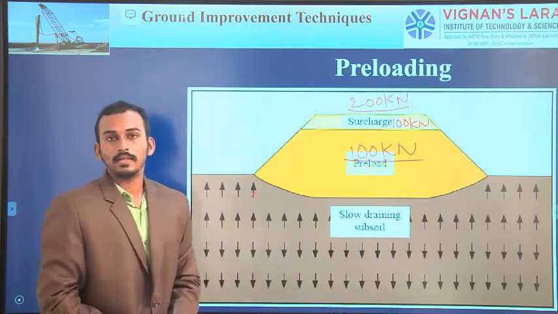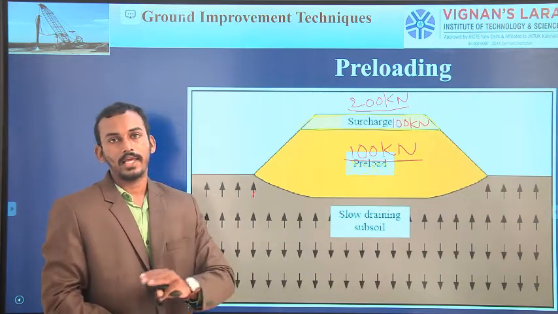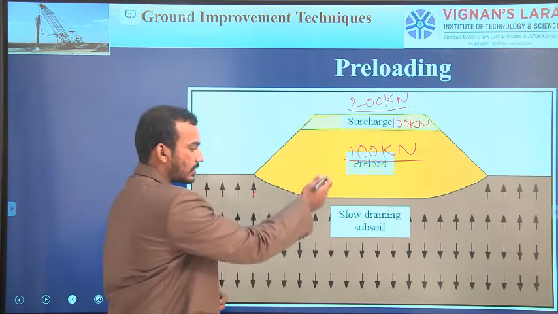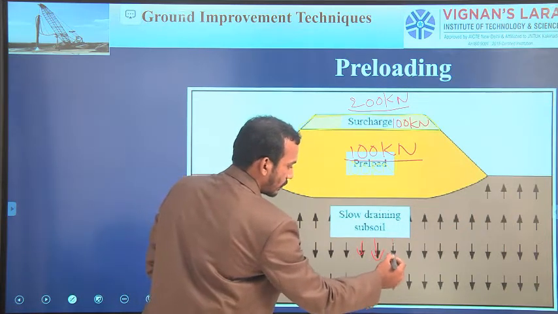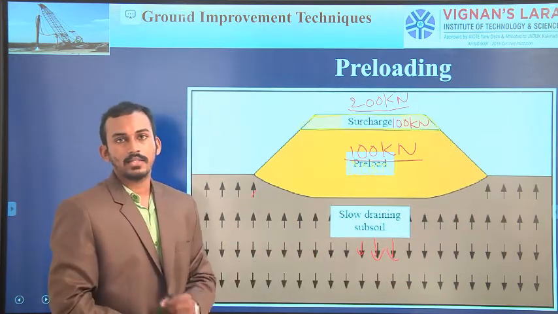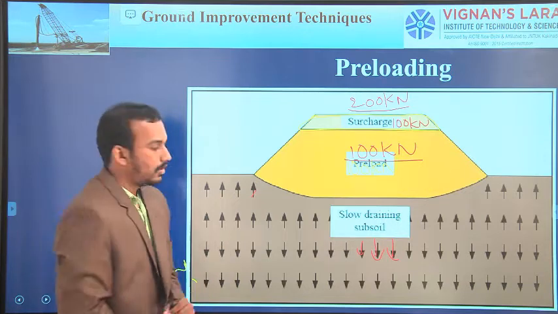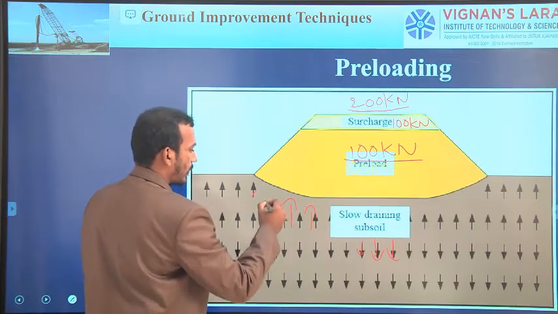Soil is a three-phase system. It contains solid particles, water and air. When we apply the surcharge load, all the solid particles settle downwards, only the solid particles. In between the solid particles there are some water molecules, so all the water molecules try to move in the upward direction.